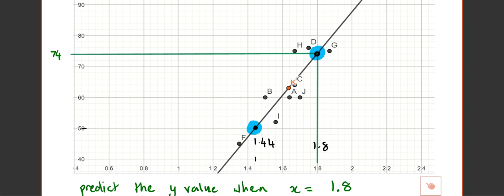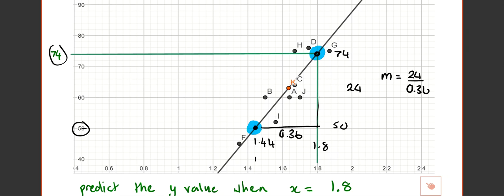So my run is the difference between 1.44 and 1.8, which is 0.36. And my rise, well, that's 50 to 74. So 50 to 74 is 24. So my m would be 24 over 0.36.